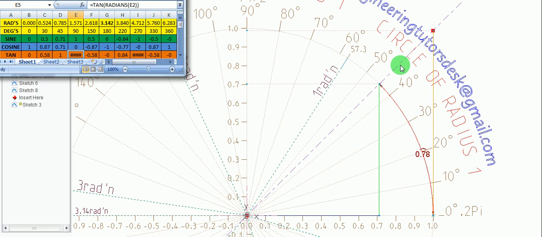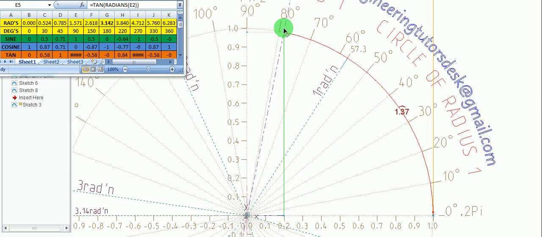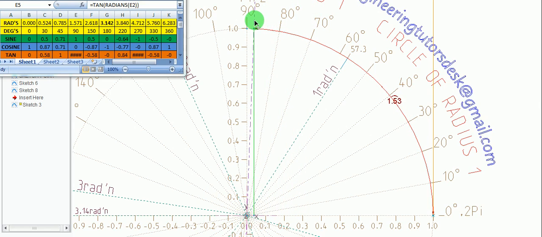Which means when we move towards 90 degrees, the sine height is equal to the radius of the circle, which is 1. The cosine has disappeared and the tan is intersecting with the angle subtending line at infinity.